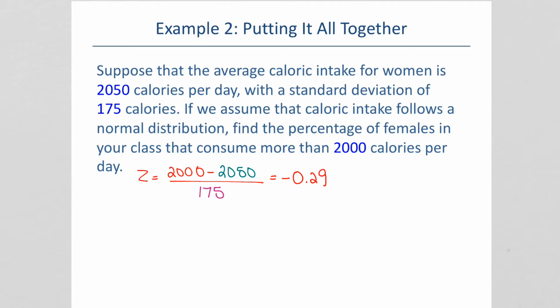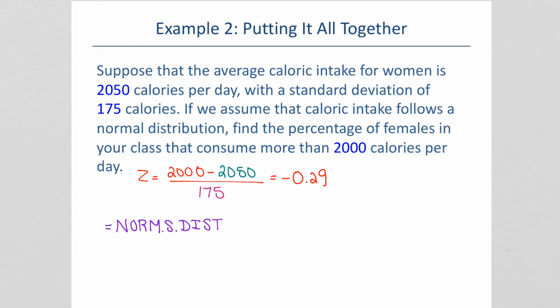But here's what you would type. You type equals norm.s.dist, N-O-R-M dot S dot D-I-S-T. So write that down.